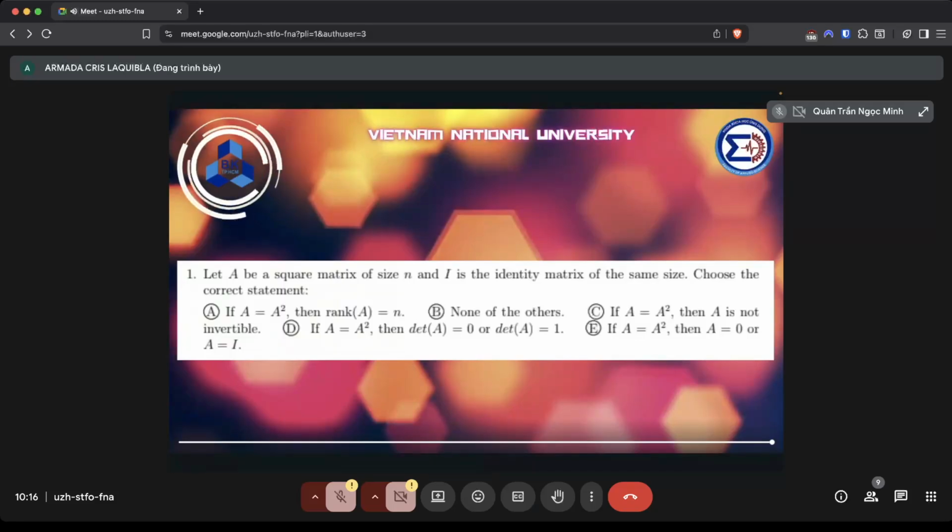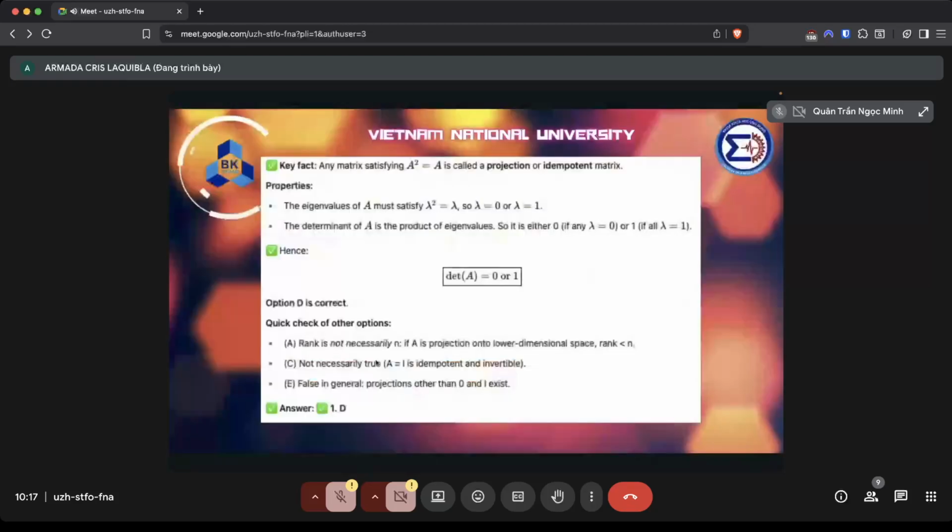And that A there is not only the 0 matrix or only the I matrix, the identity matrix, that when you square A, it's equal to A squared. But if you reverse that statement, A equals 0 or A equals I, then A is equal to A squared. That's true. Okay? So only D is the correct answer there.